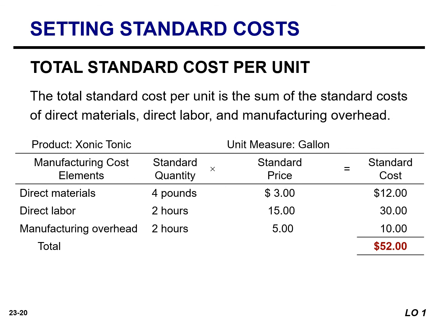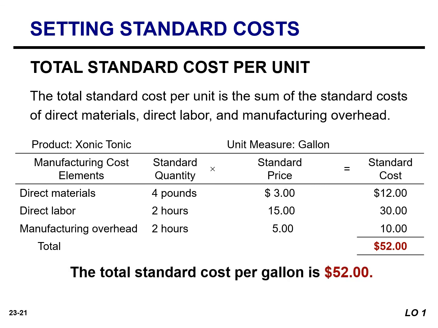After a company has established the standard quantity and price per unit of product, it can determine the total standard cost. The total standard cost per unit is the sum of the standard cost of direct materials, direct labor, and manufacturing overhead. The total standard cost per gallon is $52, which is illustrated on the standard cost card.